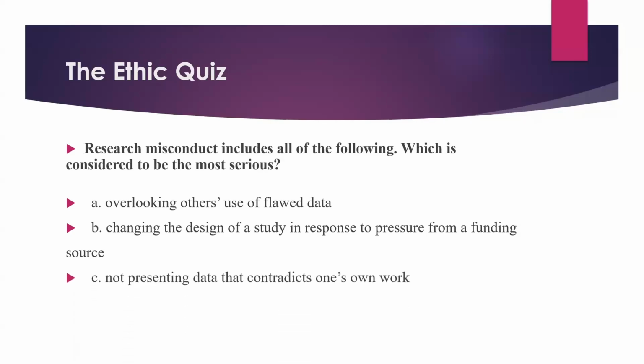C, not presenting data that contradicts one's own work? Or D, presenting fraudulent results? Which one is it? Is it A, B, C, or D? And the answer is D, presenting fraudulent results.